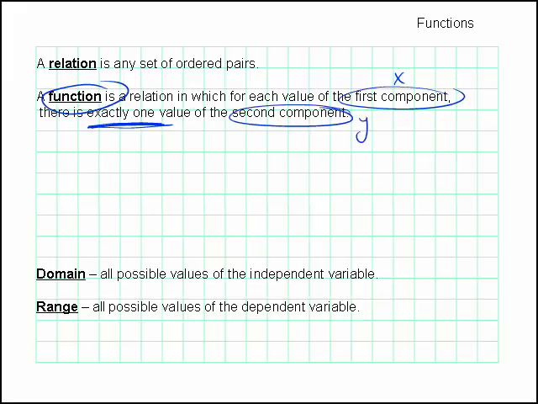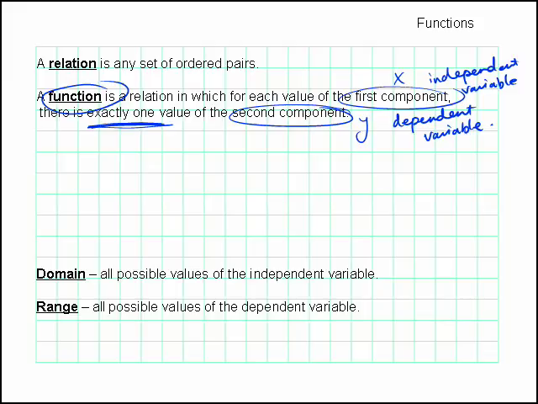That's your y. I think sometimes the book may say the x is what's called the independent variable, and the y is the dependent variable, just to let you know. Okay, so for each x, there is exactly one y.